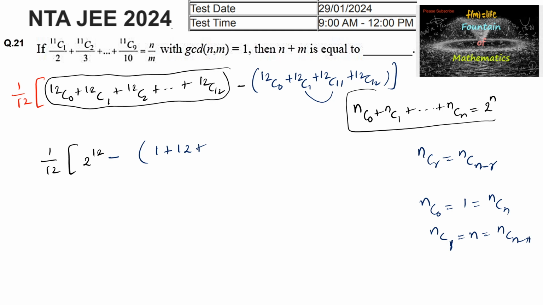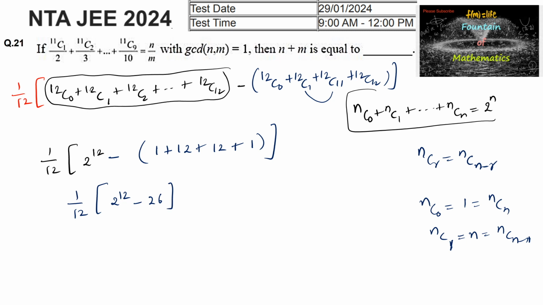So we can write here 12C0 is 1, 12C1 is 12, 12C11 is the same as 12C1, that is 12, and 12C12 is 1. So 1/12 times (2 to the power 12 minus 26).